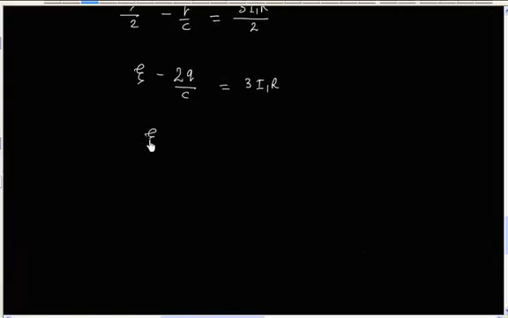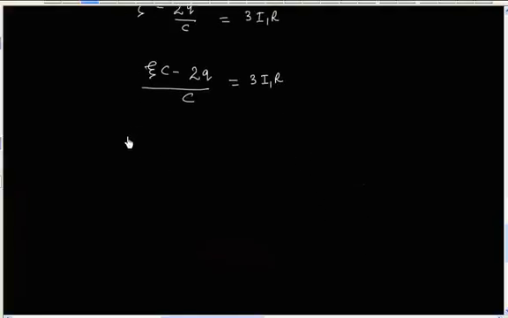Or we can write Xi C minus 2Q divided by C is equal to 3 I1R, or I1 is equal to Xi C minus 2Q divided by 3RC. Now we have to integrate.